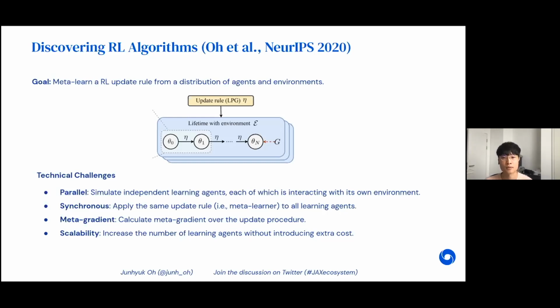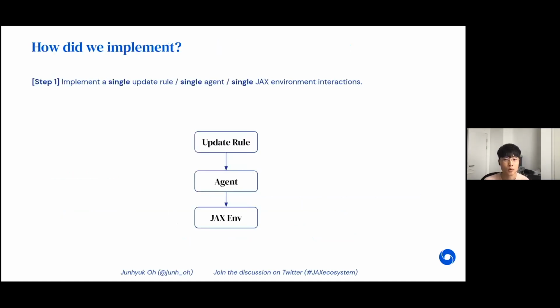any extra cost. So to tackle all these challenges, we first implemented all the environments in JAX, and we first implemented a single update rule, single agent, and single JAX environment interaction, as you can see from this figure.